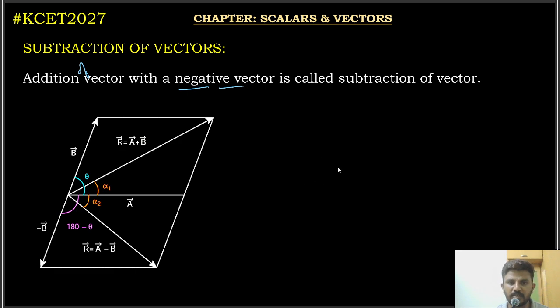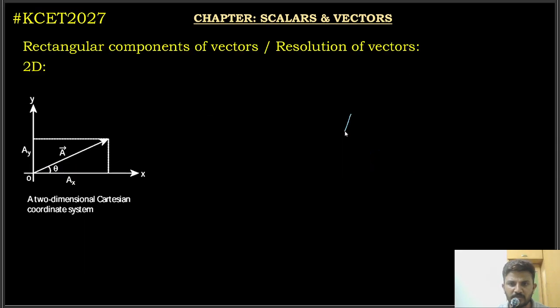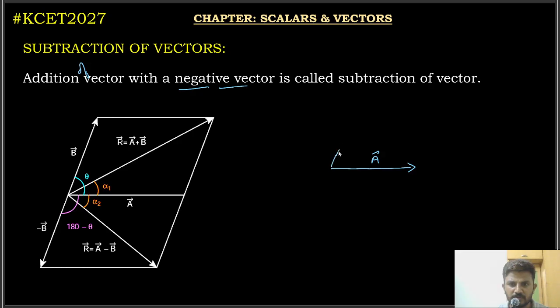For example, here I have a vector, that is vector A. I need to subtract vector B from it. Let's consider this is the vector B. We can easily find A plus B by taking the resultant for this, that is A plus B. What about A minus B?